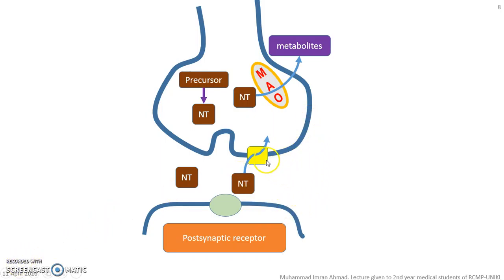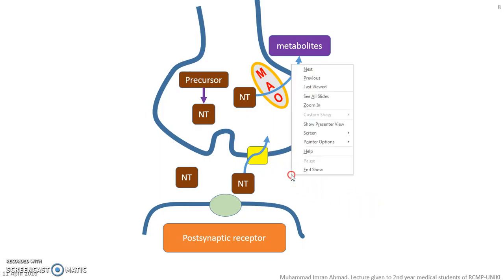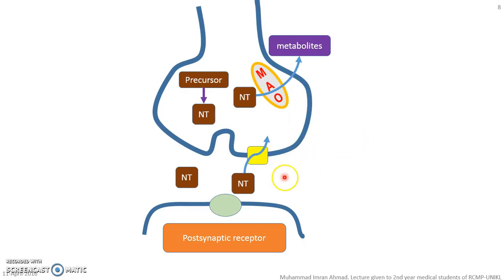And then a group of drugs that also act at this site is what we call the tricyclic antidepressants. So they vary in their ability to inhibit the uptake of serotonin and noradrenaline.